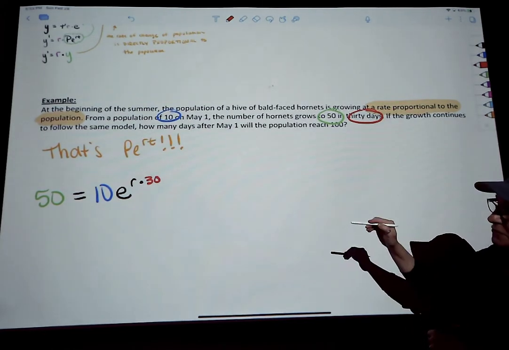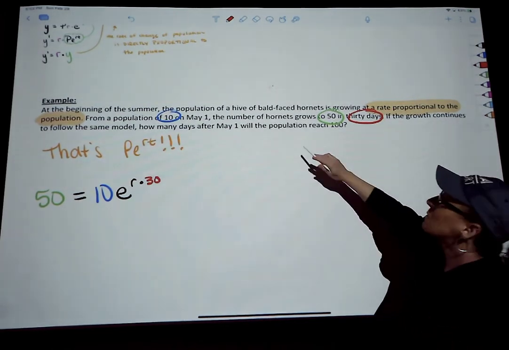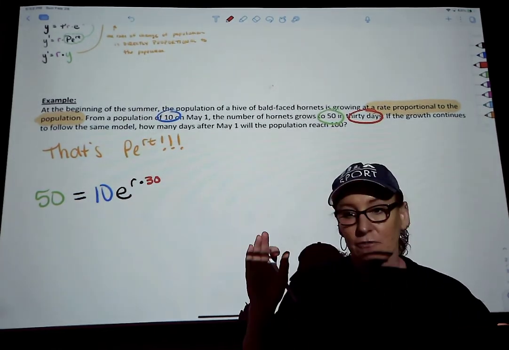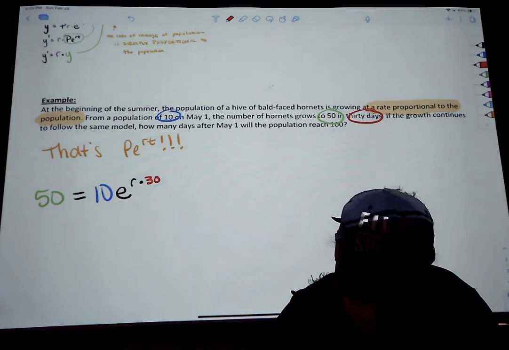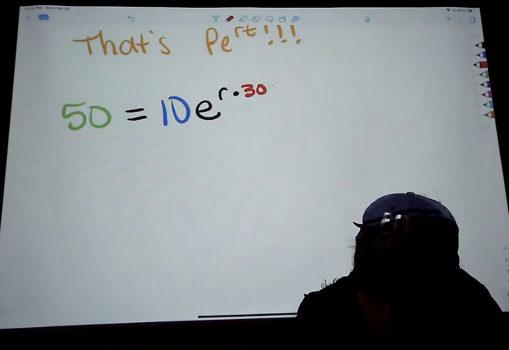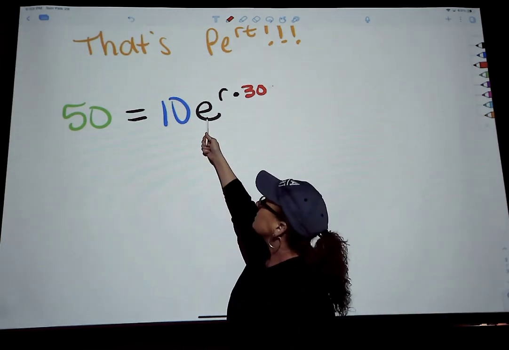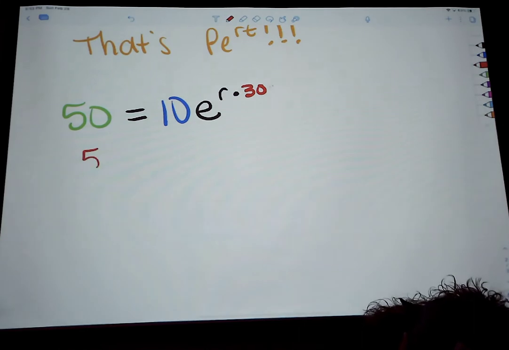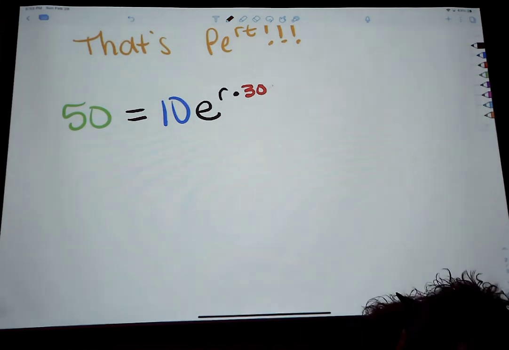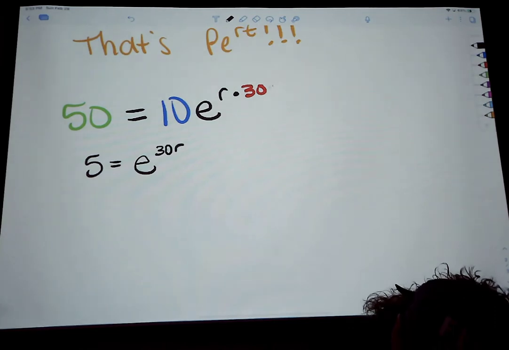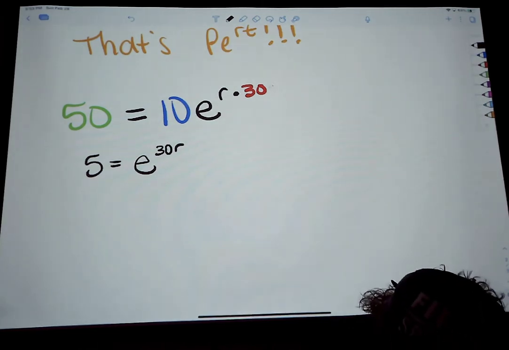So it took 30 days for that to happen. When is the population going to reach 100? I don't know. Let's find out. First thing we have to do is find r. I bet it's been a while since you've solved an exponential equation. I'm first going to isolate my exponential, and I'm going to divide by 10. So I've got 5 equals e to the 30r. I'm going to natural log both sides.